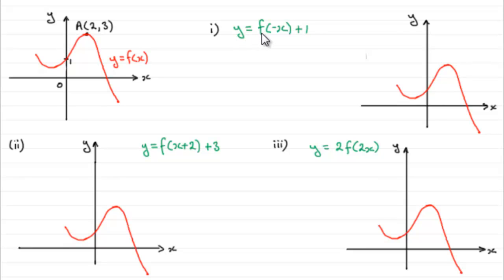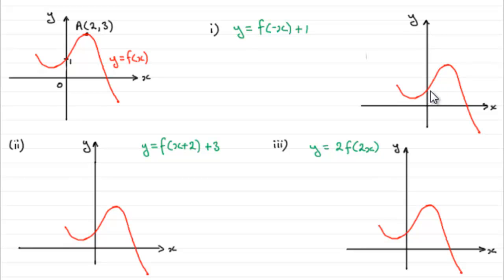We've got y equals f of minus x plus 1. So first of all, what we do is we look at what f of minus x would do to any graph. And f of minus x produces a reflection of the original graph, y equals f of x, in the y-axis. So here's our graph then of y equals f of x, and what we've got to do is reflect this in the y-axis.